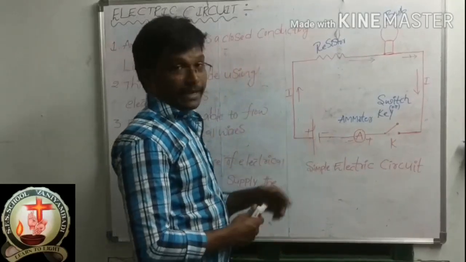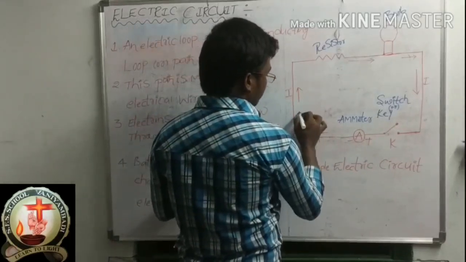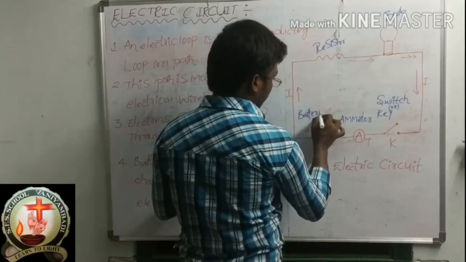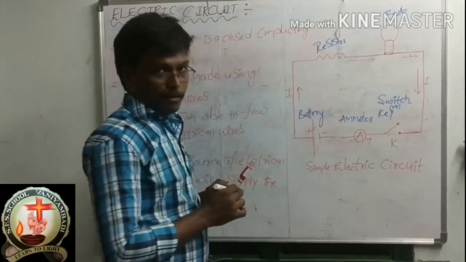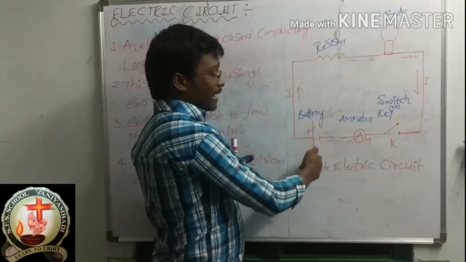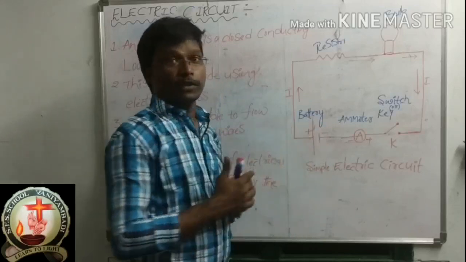And this is the battery. This bigger line is the positive terminal of the battery. This is the negative terminal of the battery.